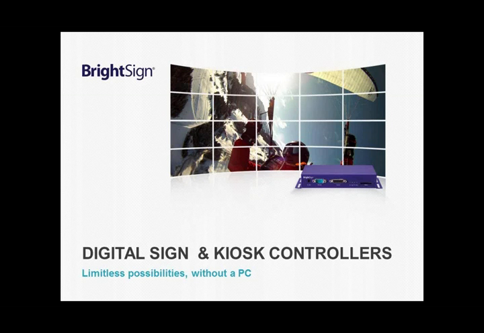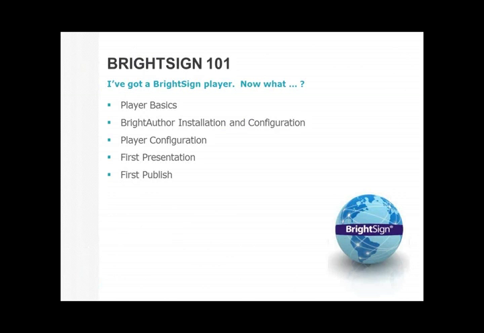But in the meantime, our topics are the following for today. Put yourself in the role of someone who just received a BrightSign player for the very first time, and the question is, now what? So in this webinar, we're going to cover the following 5 topics: player basics, just some very basic overview information about the different players we offer.